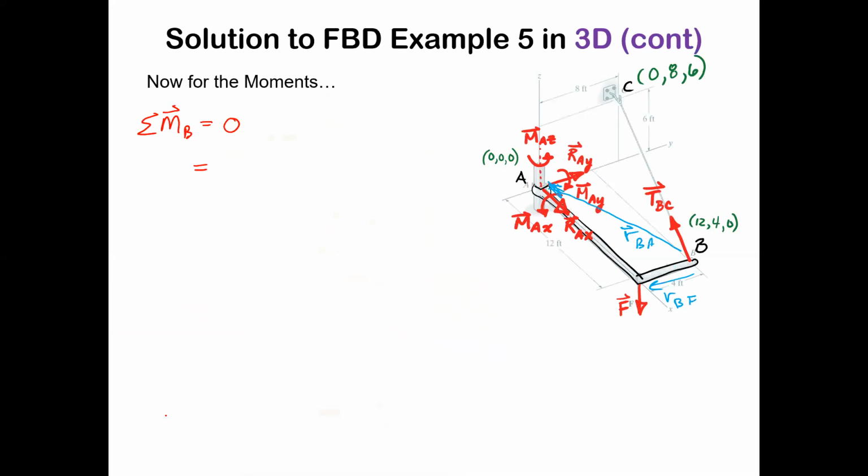So it's going to equal RBF crossed with F, plus RBA crossed with all of our A forces, plus our reaction moments, all of our reaction moments at A.